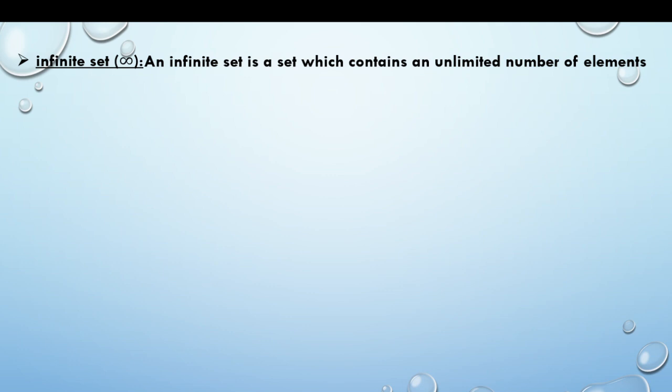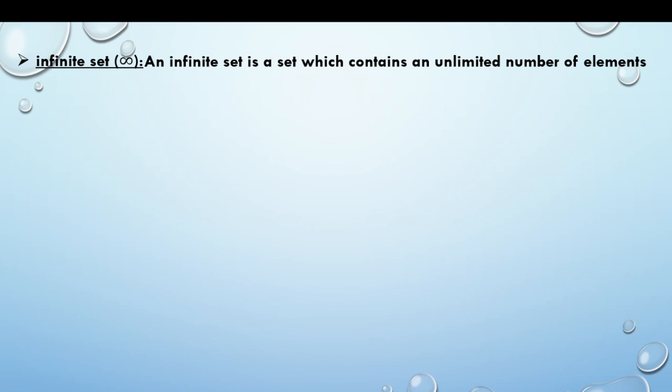Let us also look at an infinite set represented by this symbol. An infinite set is a set which contains an unlimited number of elements. So in other words, the elements in an infinite set cannot be known exactly.